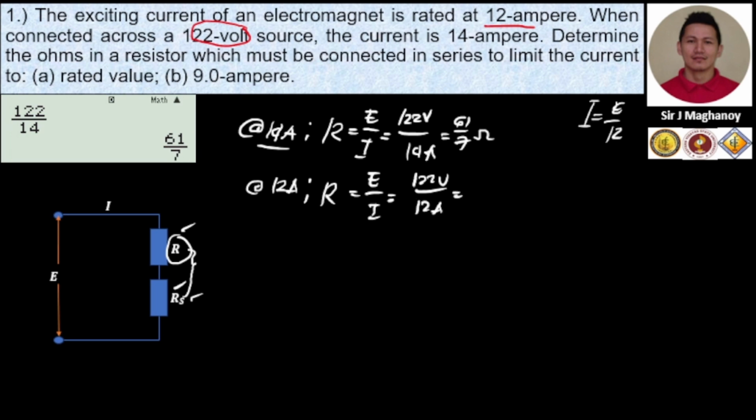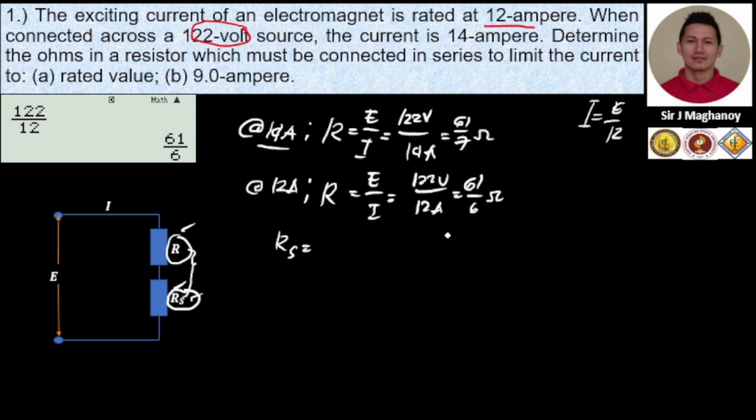So this is equal to 122 over 12, that is equal to 61 over 6 ohms. Therefore, the value of the resistor to be in series with our resistance is the difference between the rated and the actual value.